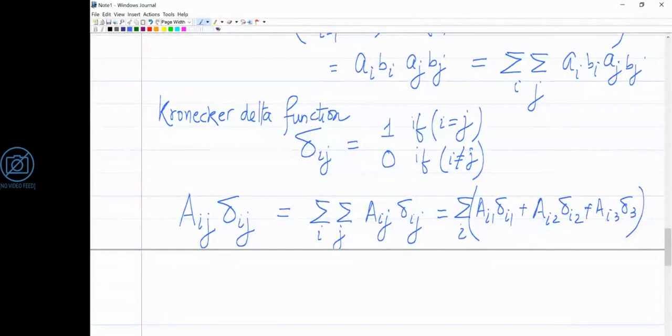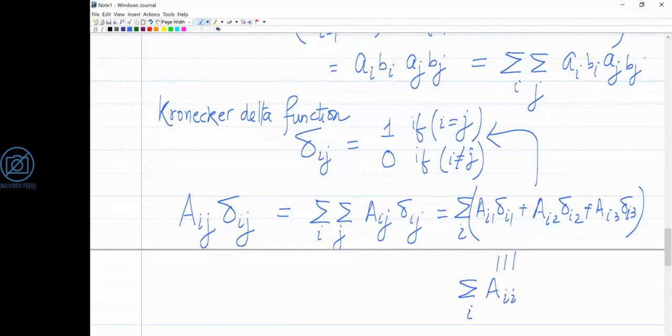Now you see this delta_i1, delta_i2 and delta_i3. Only one of them is going to be non-zero because of this definition. If i is equal to 1, then delta_11 will be 1, and delta_12, delta_13 are all 0. So basically, this could then be written as summation over i, a_ii.